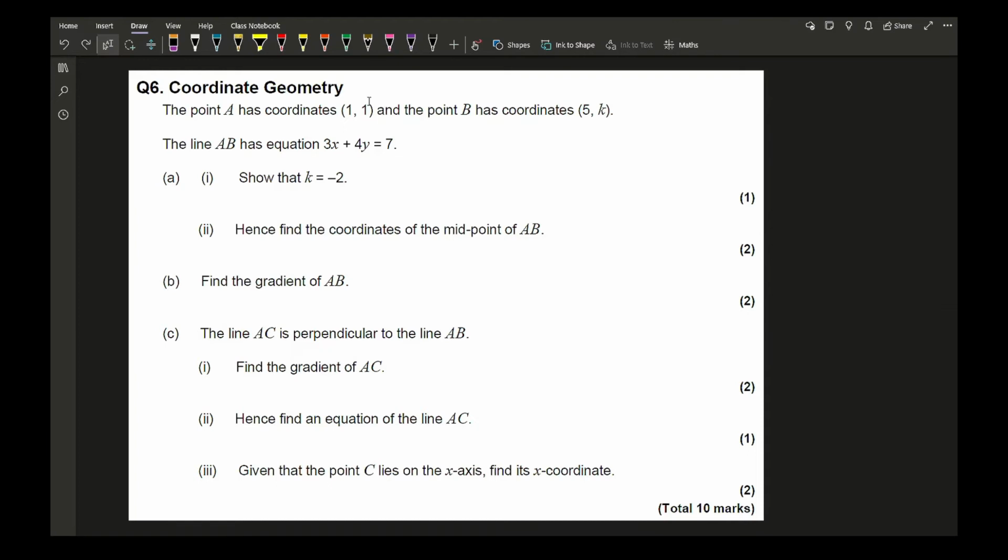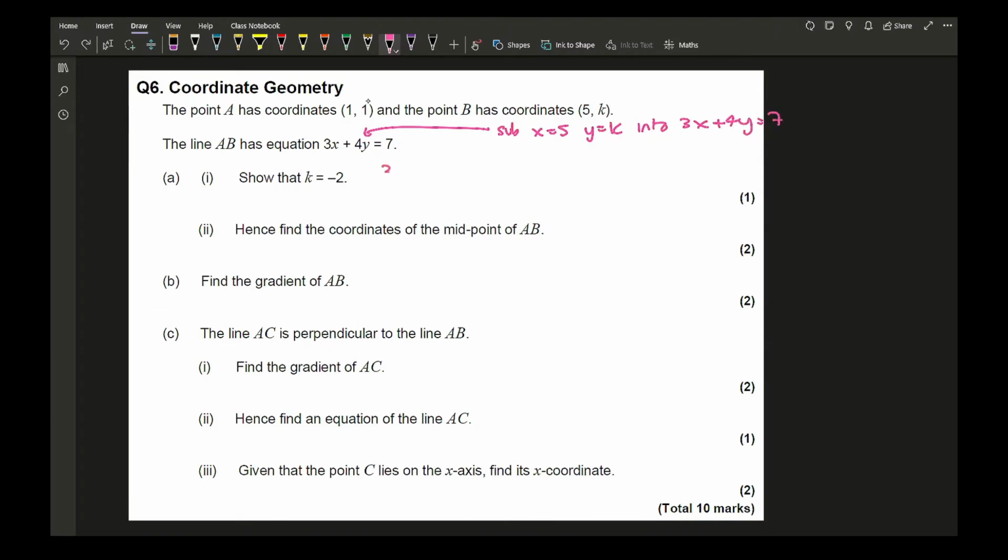So for this, it's only worth 1 mark. What we need to do is basically substitute the coordinate into this line. So sub x equals 5 and y equals k into 3x plus 4y.